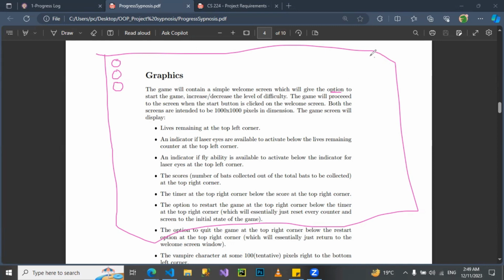The score, the total number of bats collected out of how many are remaining to be collected, is on the top right corner, with the option to restart the game below that, and the option to quit the game below that.